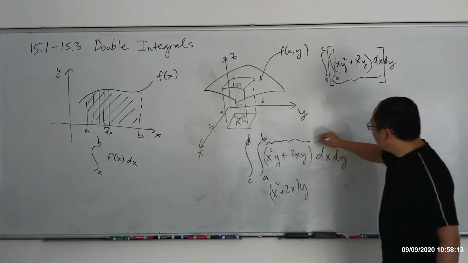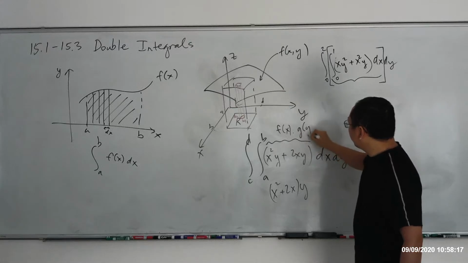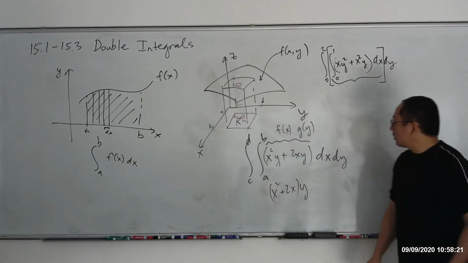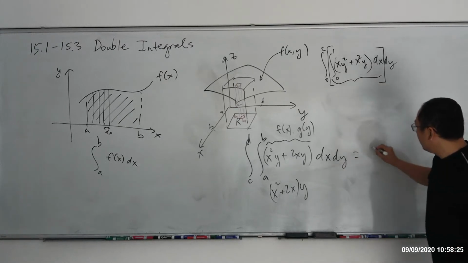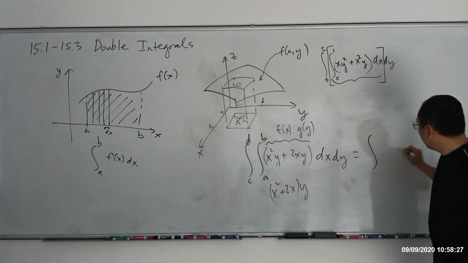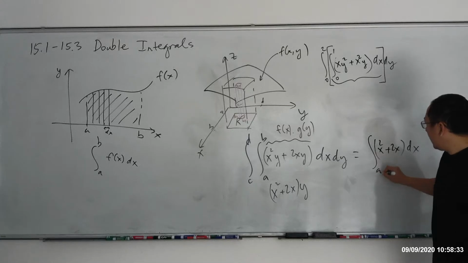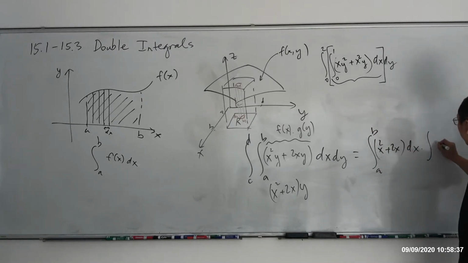So somehow you can write this as f of x times g of y, and you can think of it as doing a single integral twice. So this is the same as the integral of x squared plus 2x dx, running from a to b, times the integral of y, running from c to d, dy.